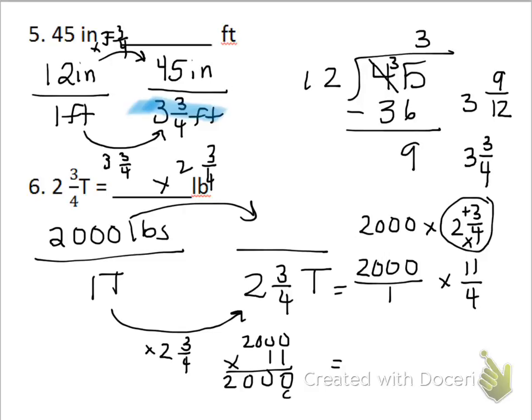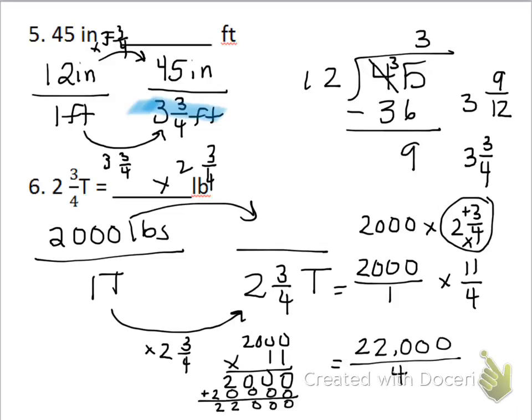I add my ghost 0. 1 times 0 is 0, 1 times 0 is 0, 1 times 0 is 0, and 1 times 2 is 2. And I add them together, 0, 0, 0, 2, 2. So that means that my numerator is going to be 22,000 over 1 times 4 is 4.